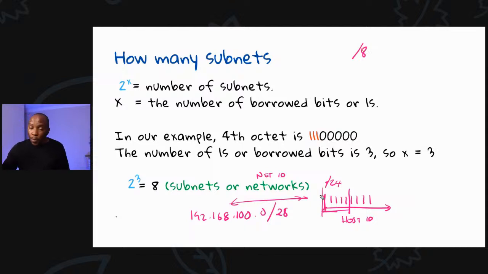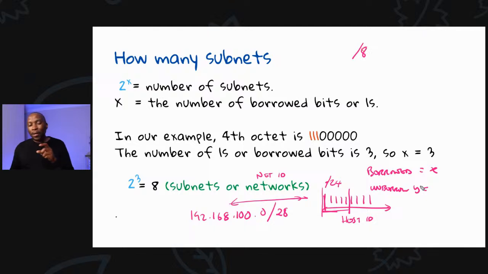So because we borrowed the first 4 bits of the last octet, the borrowed bits become our X value, and the unborrowed bits become our Y value.